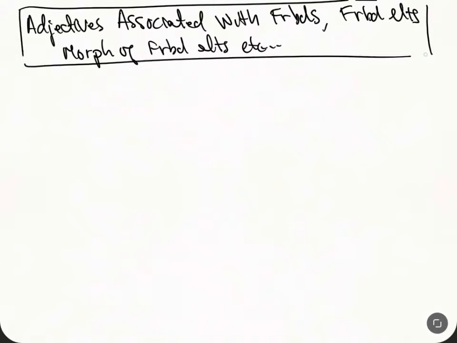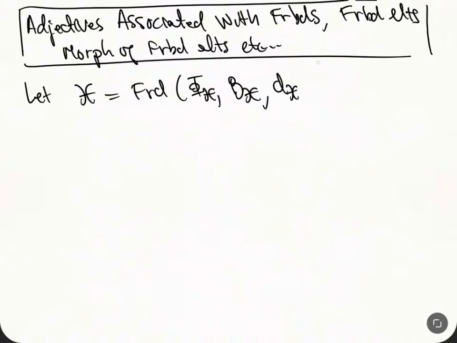Okay, so we've seen what a Frobenioid is, and I'm going to set up some notations. So we're going to take X to be the model Frobenioid associated to some monoid functor, the principal divisors, and the divisor class morphism functor.